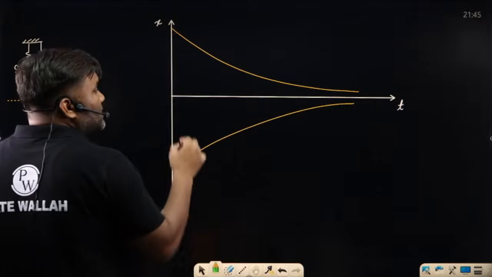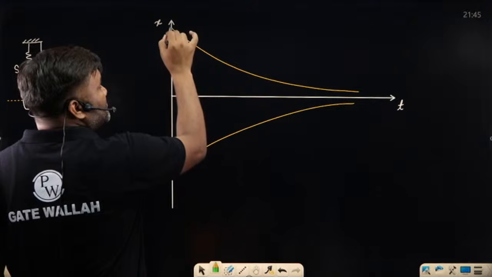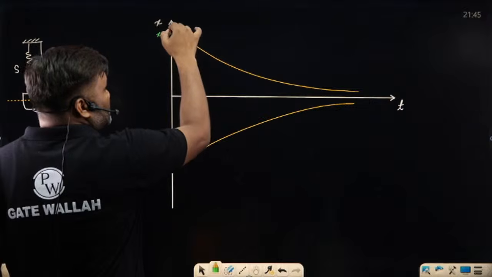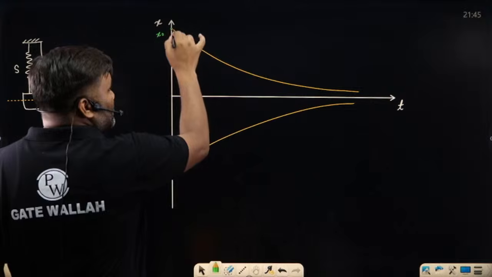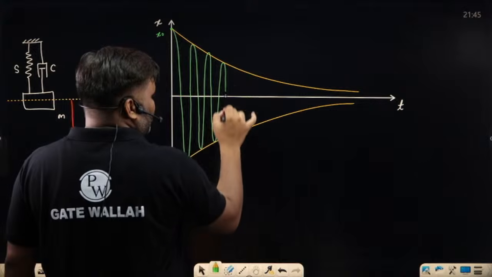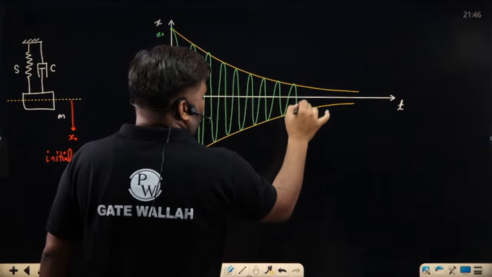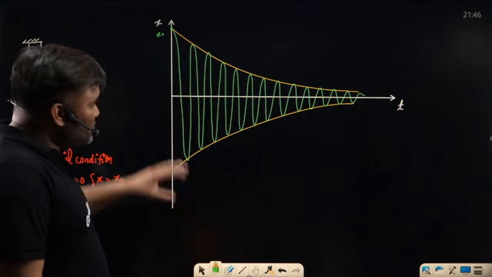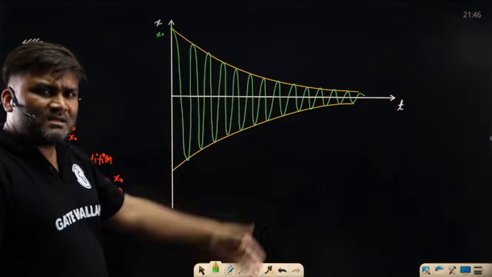At time t equal to 0 you have provided some deflection x naught and released it. So this setup is going to have a sine wave of decreasing amplitudes. It looks like this. Slowly it keeps on decreasing, and after some time, 20 seconds, 30 seconds, 1 minute, it is going to become 0.